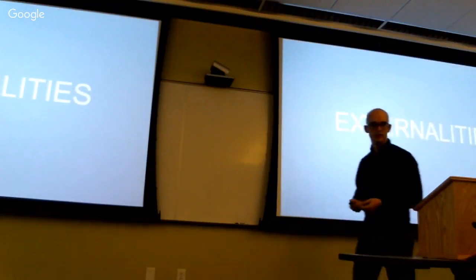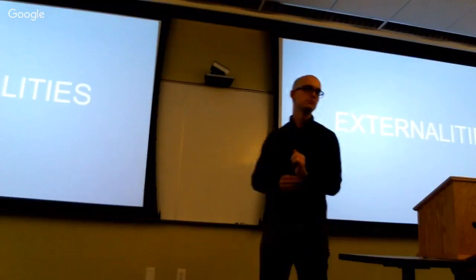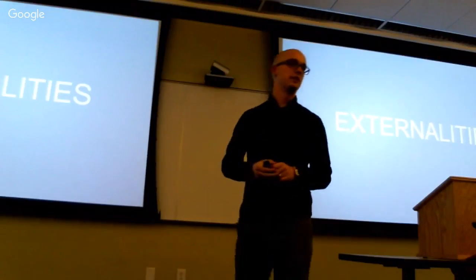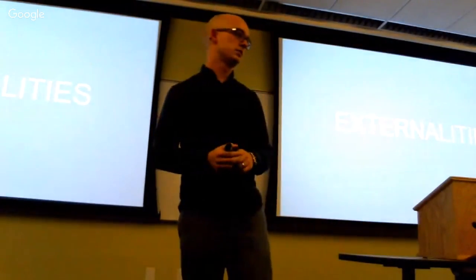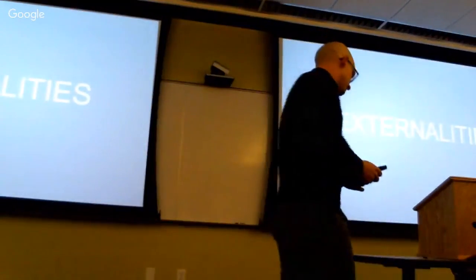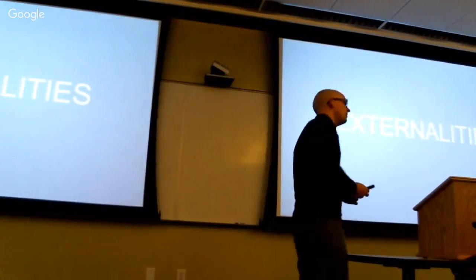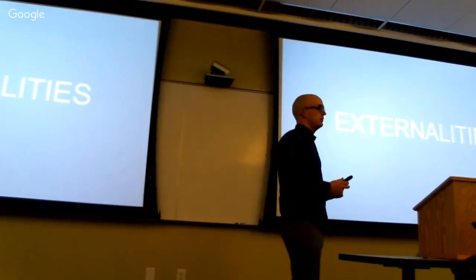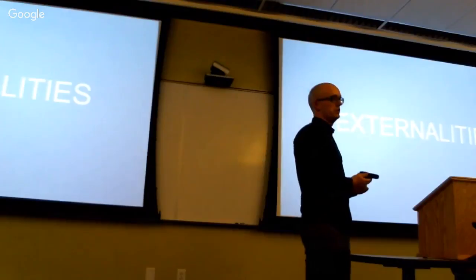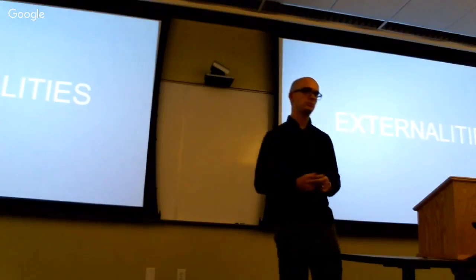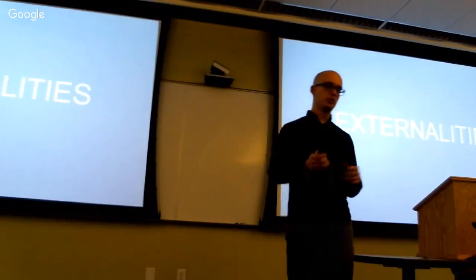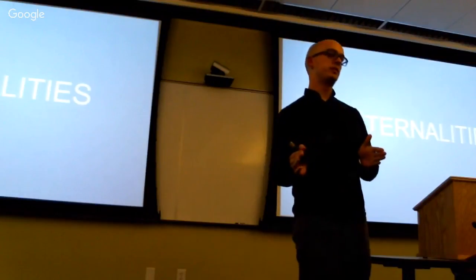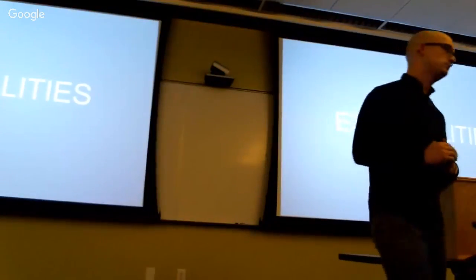So do you guys know what externalities are? It's like secondary impacts, right? So let's say you have an education program that is going to get low-income students into college. Your goal is getting them into college, what would be an externality of that, potentially?